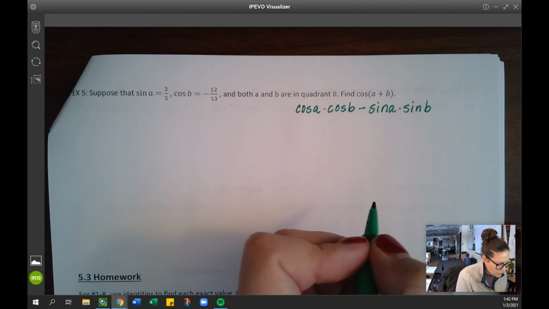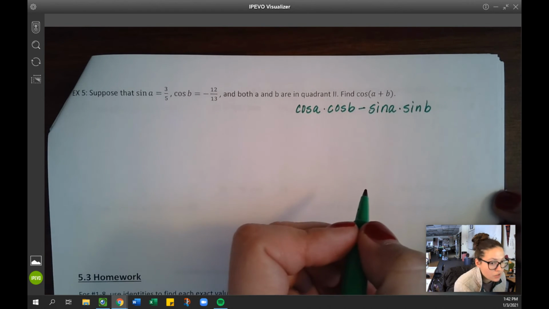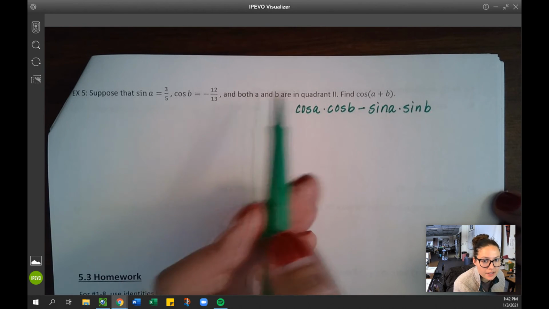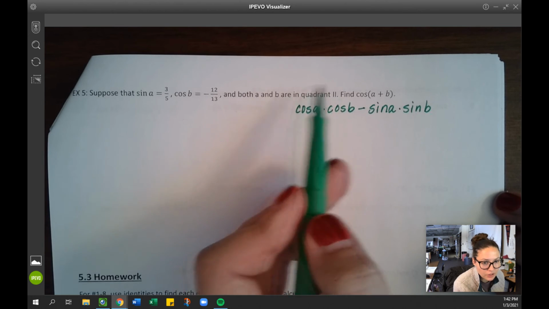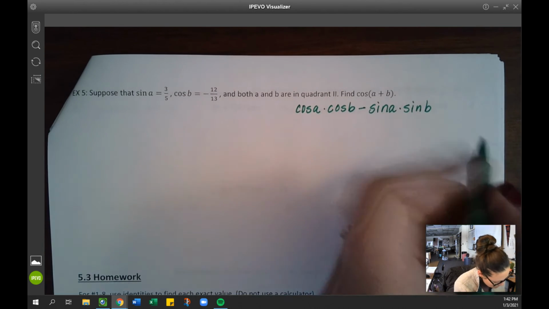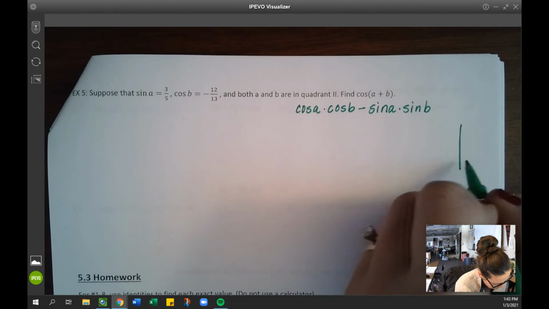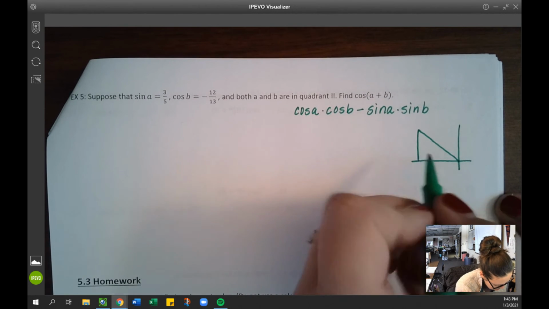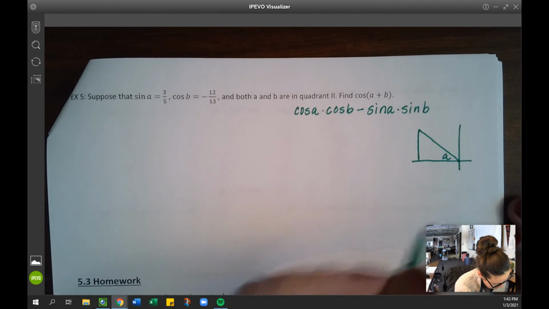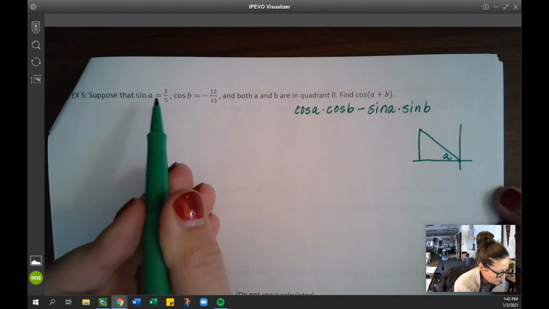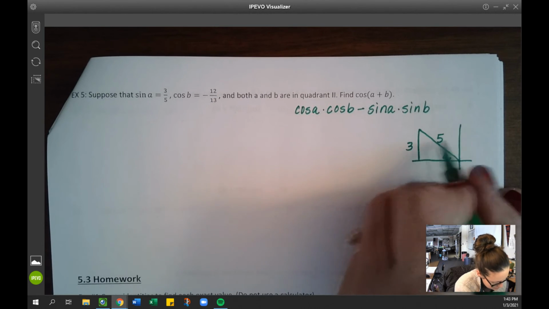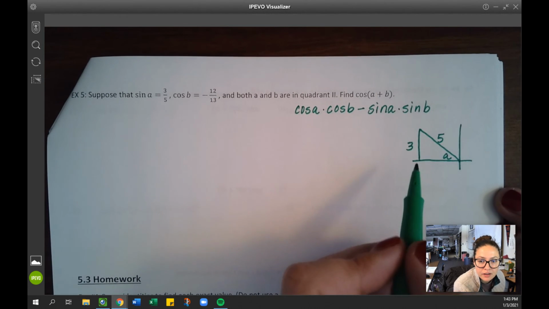So what we're going to do is draw a triangle for each one of these because we're told that they're in quadrant 2. So quadrant 2, here's angle A. And we're told that the sine of A is 3/5, opposite over hypotenuse.